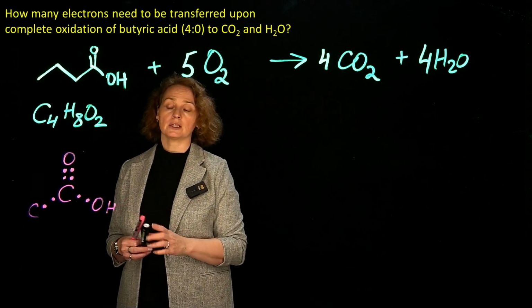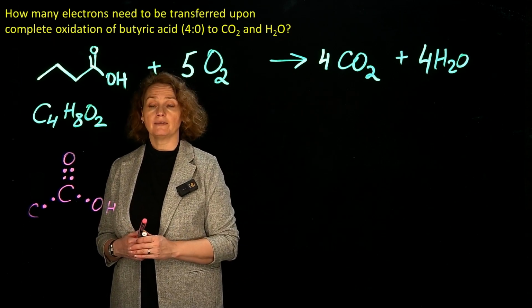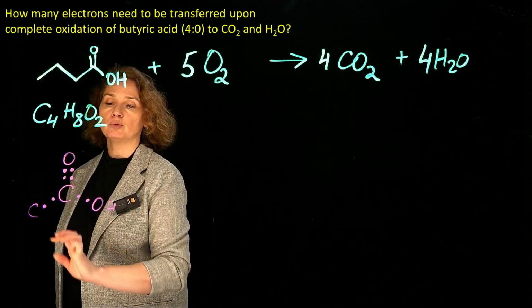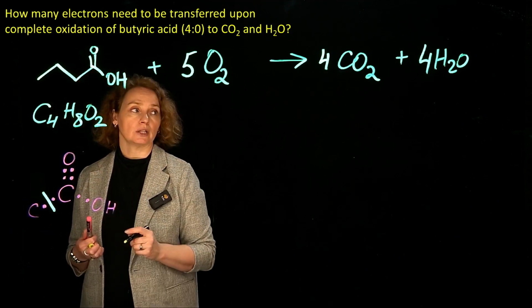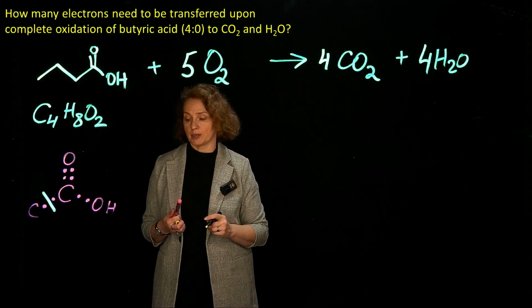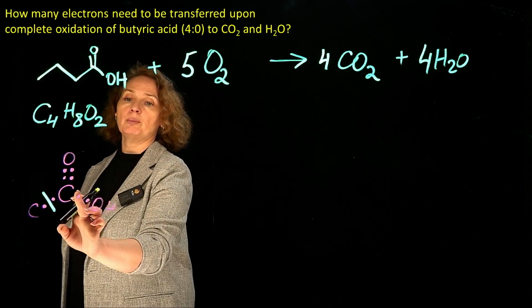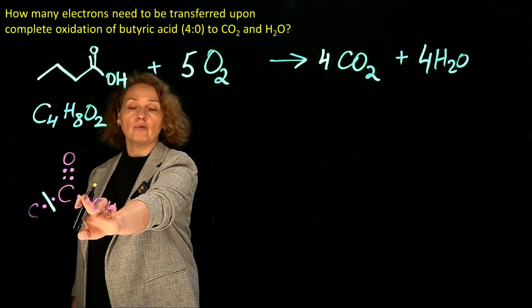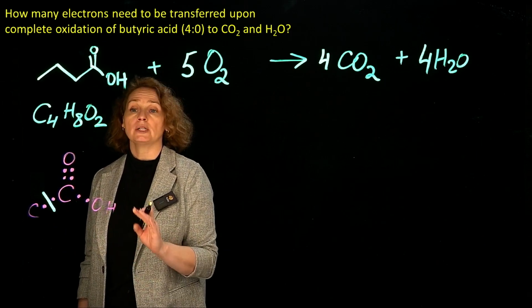Now we need to consider the electronegativity of the atoms forming a bond. If those are the same atoms, such as we have for that carbon-carbon bond, we assign electrons equally to each of the carbons participating in this bond. When we talk about bonds with more electronegative atoms, such as the carbon-oxygen bonds, all electrons will be assigned to the more electronegative atoms.